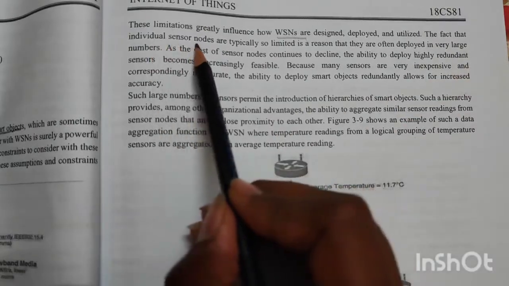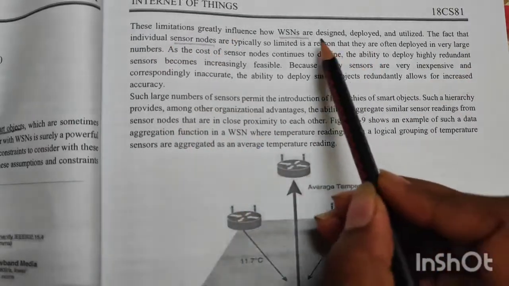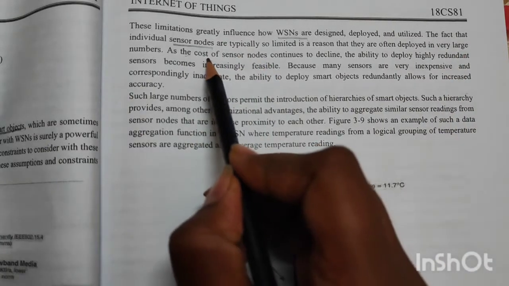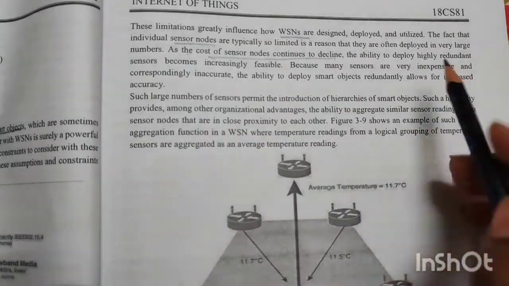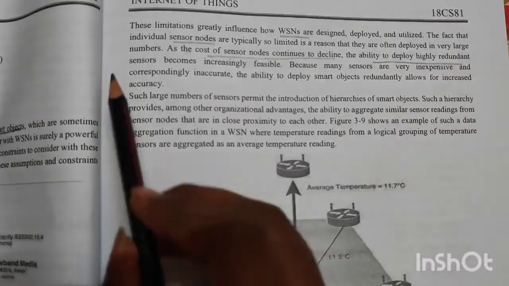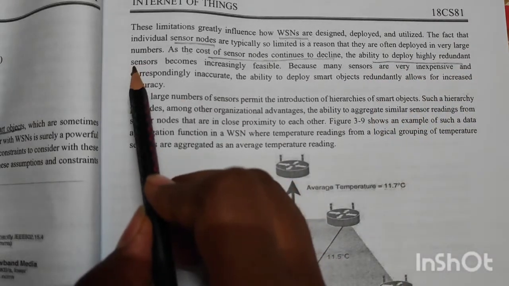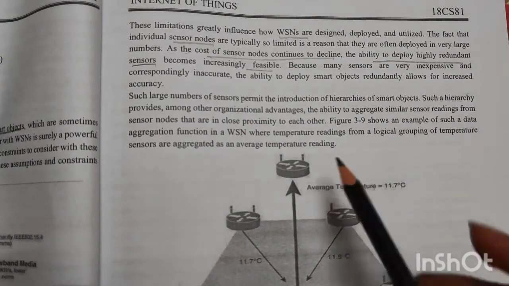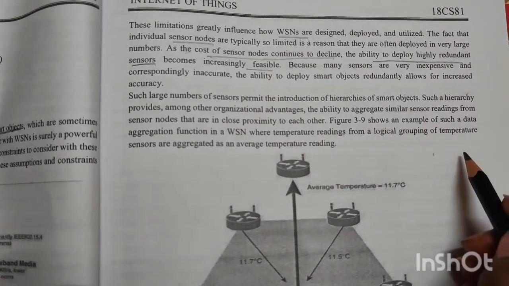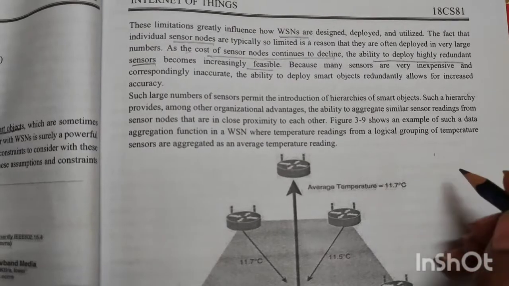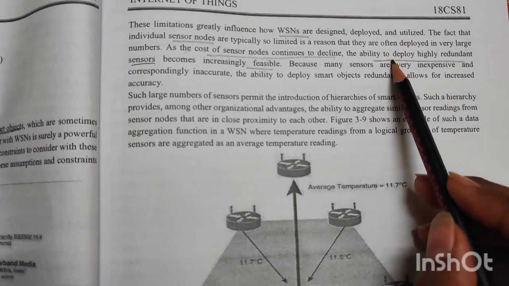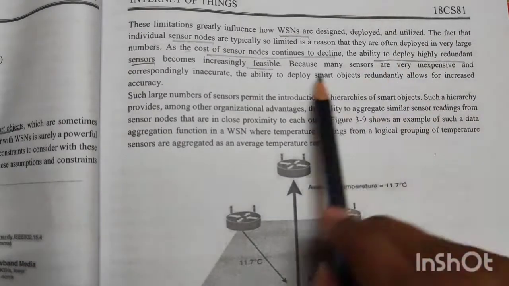So your individual sensor nodes are limited. You have a lot of limitations, right? But the cost of the nodes continues to decline, because the ability to deploy highly redundant sensors becomes increasingly feasible. Since you're cutting costs on wires and other things, you can deploy more sensors and make it feasible.